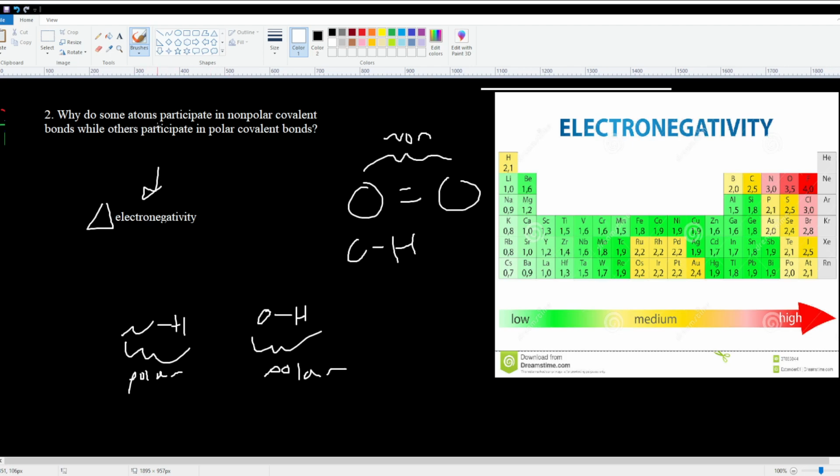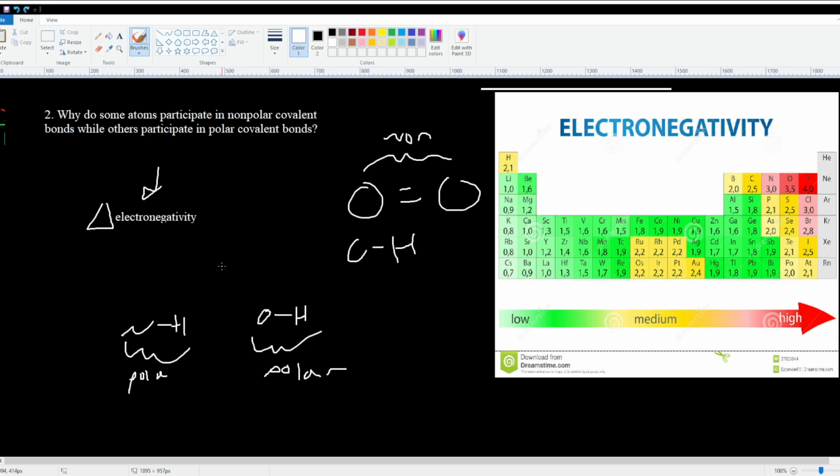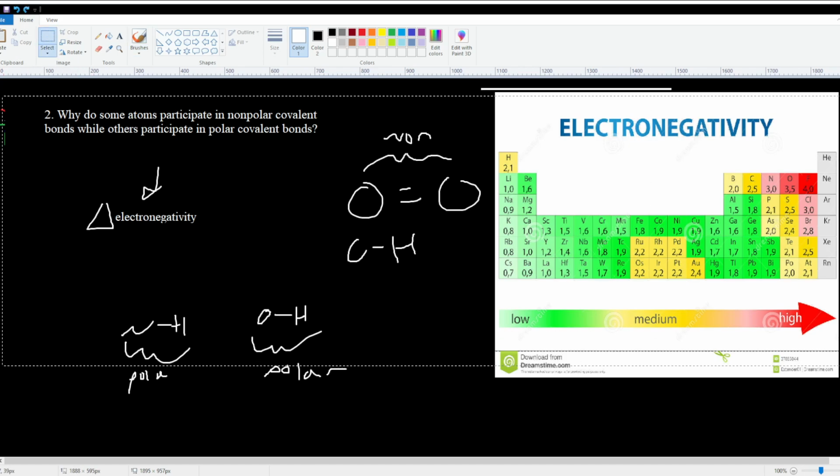That's why some atoms participate in nonpolar covalent bonding and some in polar covalent bonding. It has to do with the difference in electronegativity. I also want to emphasize that carbon and hydrogen are always going to be nonpolar, and nitrogen-hydrogen and oxygen-hydrogen are always going to be polar.